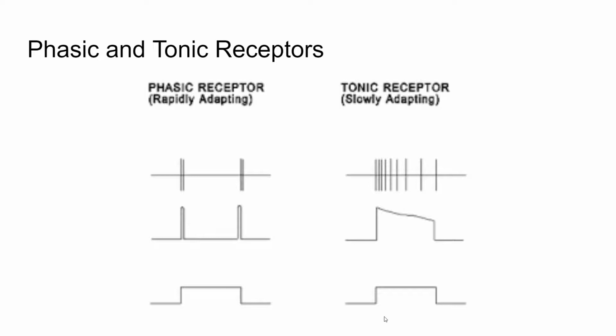Phasic receptors are what are called fast adapting receptors, and these are receptors that act quickly and kind of turn off quickly. You think of like pressure, touch, smell, very quick acting, quick adapting, versus a tonic receptor, which is slow. And this is like pain receptors or receptors in our muscles. We'll talk about some of those in a moment.